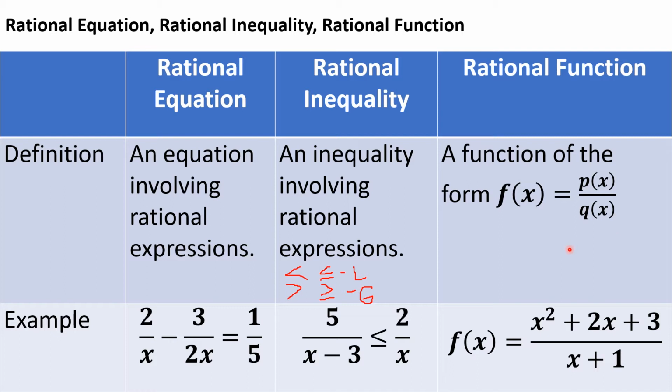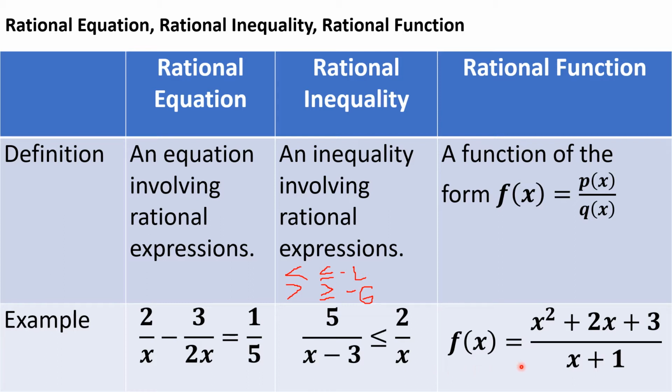The concept for your function is, let's say we have a certain value of x, and if we substitute this x into our function, we will have an output, or we can find the value of f of x.